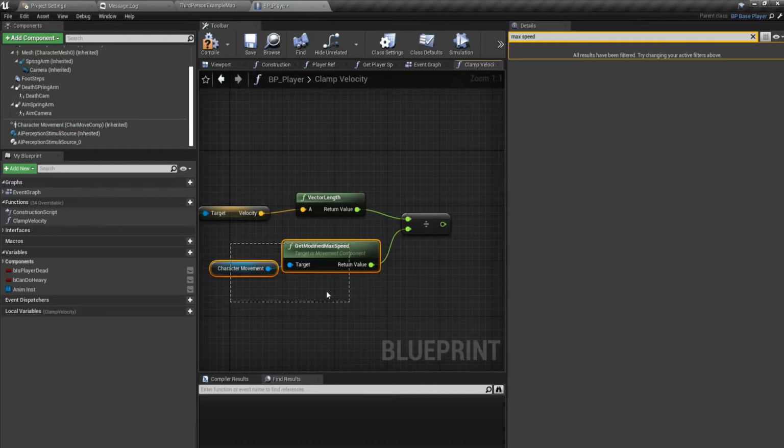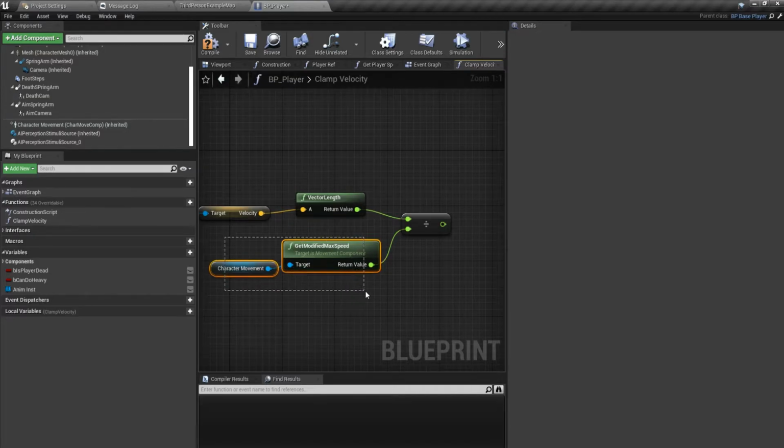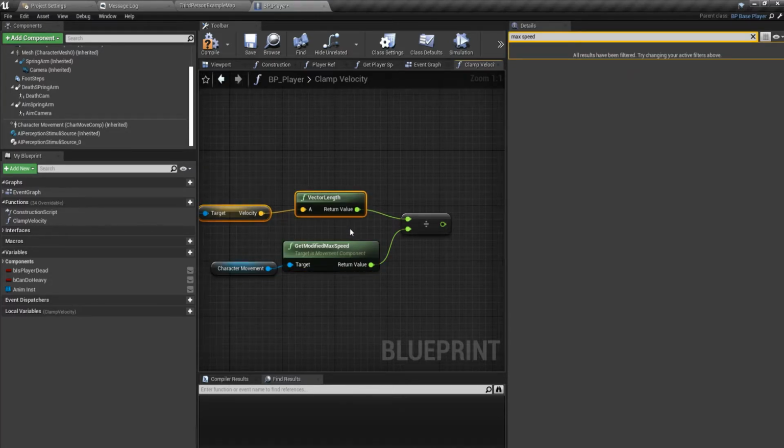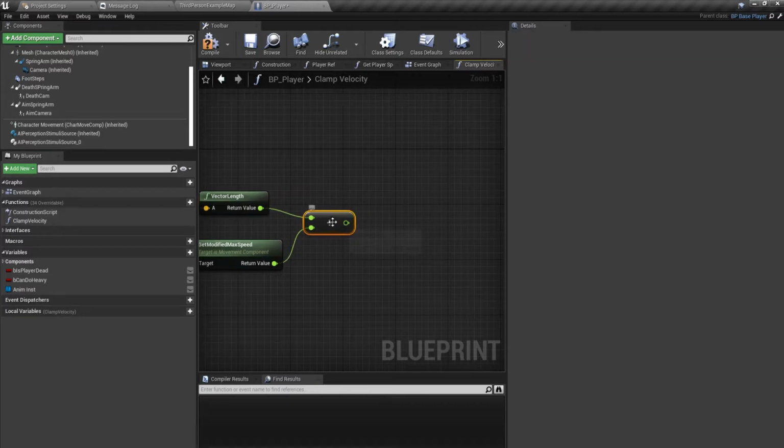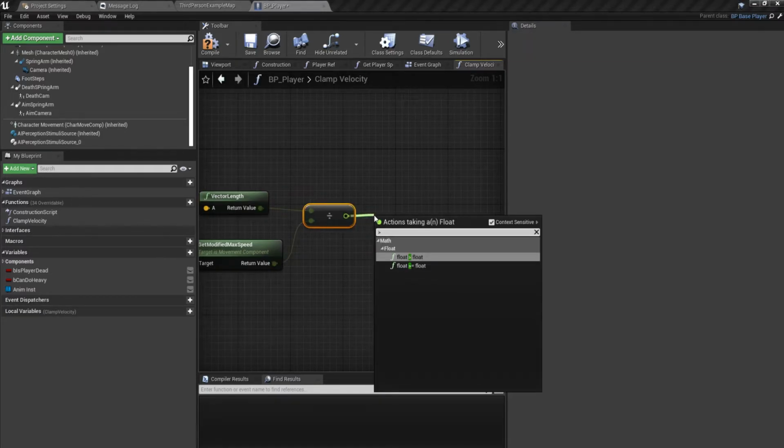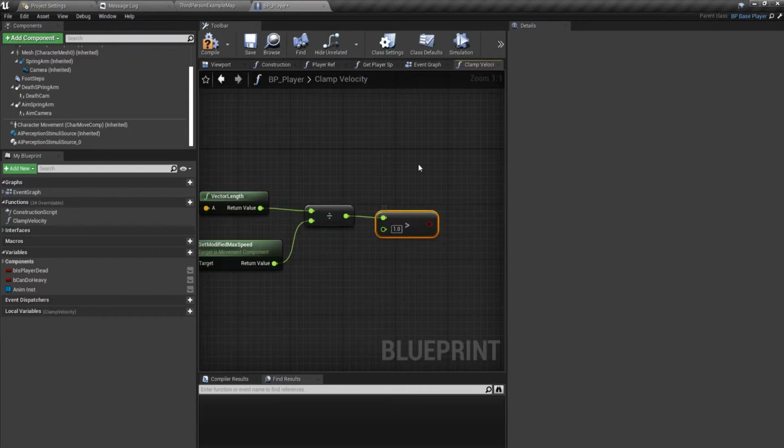Now, if the modified max speed, let's say that is 600, and let's say the speed was 500, so 500 divided by 600, obviously it is less than 1, because 600 by 600 is 1, right? So anything below 600 is below 1. So that's what we are going to check, if this one is greater than 1 or not.